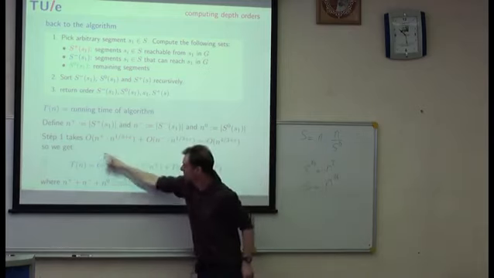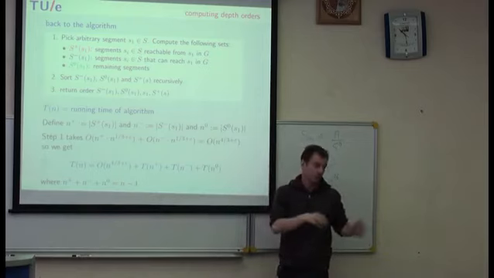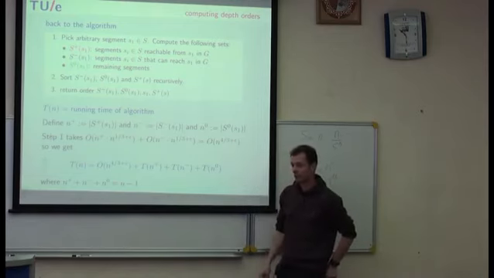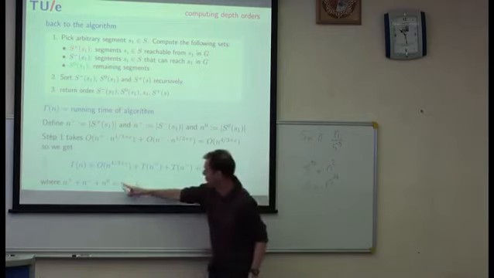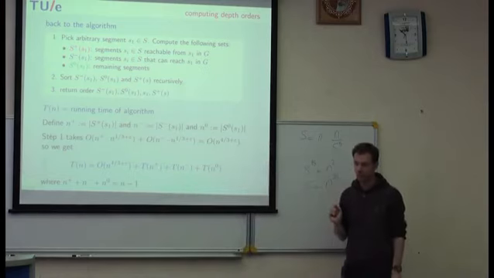This plus this, plus n0, is at most n-1, that's all the segments except for S1. So this is n^(4/3). So the running time is n^(4/3) plus these recursive calls.